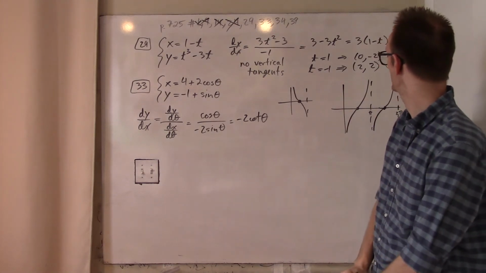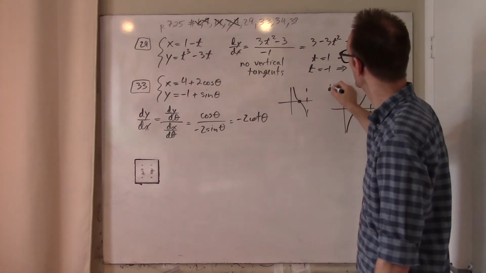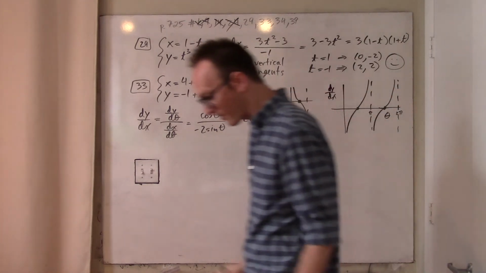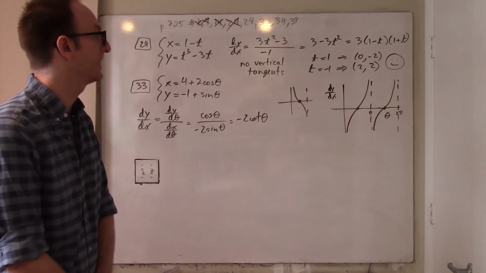So what have I just graphed? The horizontal axis is theta, and the vertical axis is this formula, which is dy/dx. So this will tell me the slope of the tangent line to the curve anywhere.